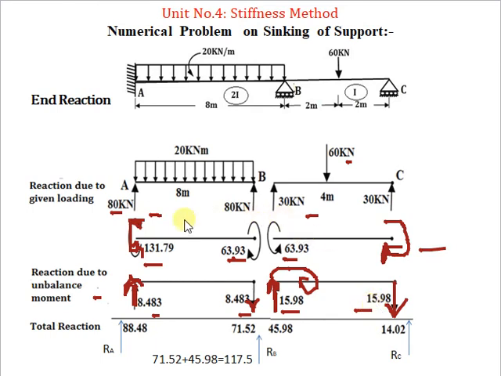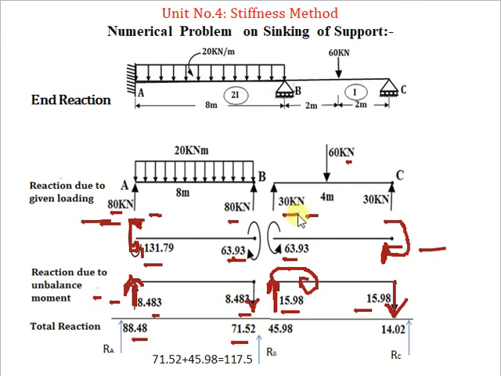Once these forces are marked, you have to do the summation. So first force is 80 kilonewton up plus 8.483, we have 88.48. Then at B, for BA span, 80 kilonewton minus 8.483, we will get 71.52 kilonewton upward.